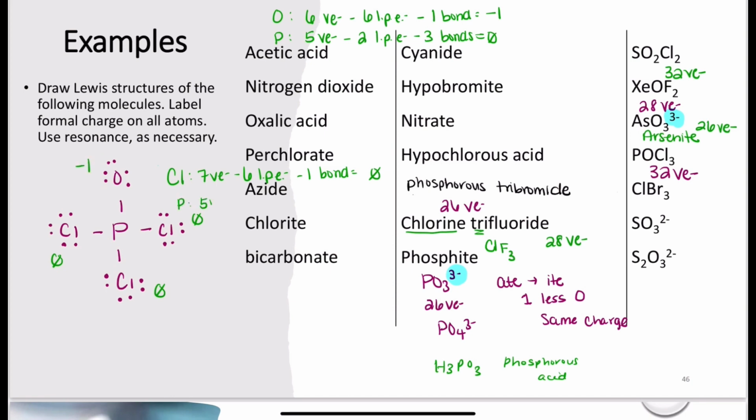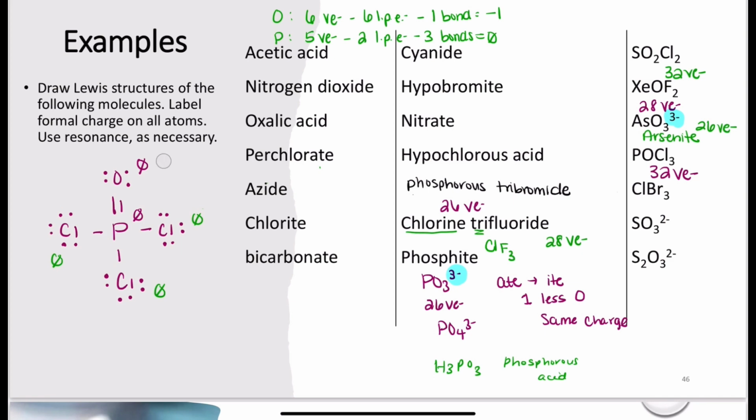And the phosphorus, 5 valence electrons, 0 lone pairs, and 4 bonds gives me a +1 charge. So I want to minimize that formal charge, and I can do that by oxygen donating a pair of electrons to form a double bond to the phosphorus. Now both my oxygen and my phosphorus have a 0 formal charge as well.